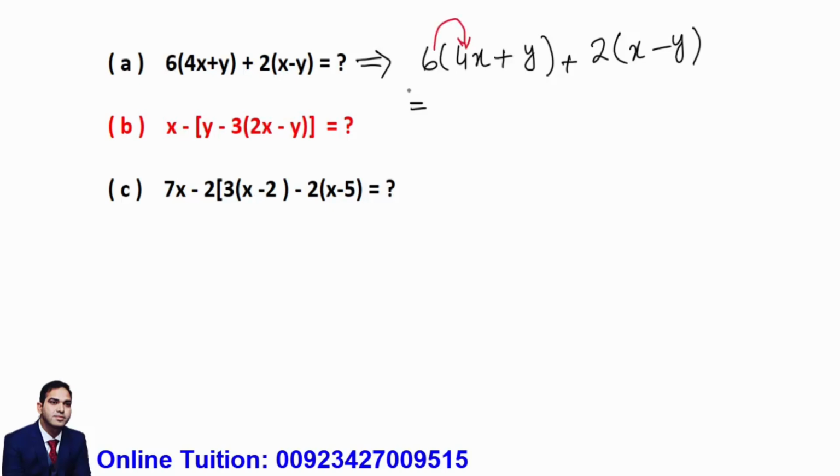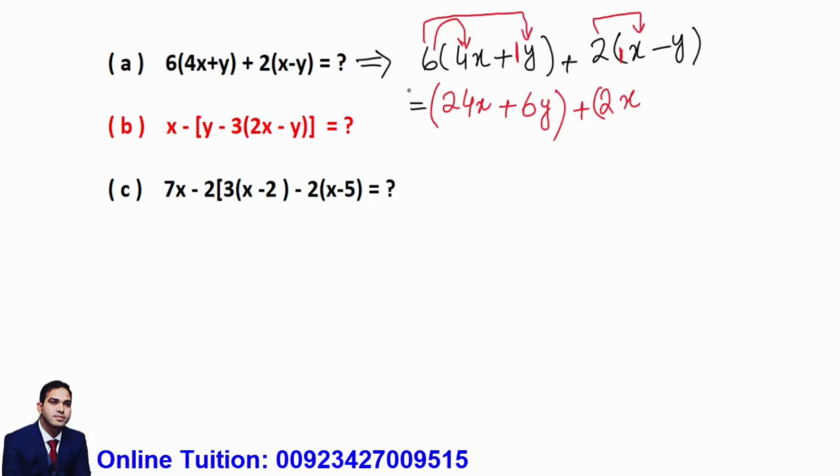6 4s are 24x, and after that 6 will multiply with this number plus, 6 1s are 6y, because its coefficient is 1. Now similarly 2 will multiply with this x, its coefficient is 1, 2 1s are 2x as it is.